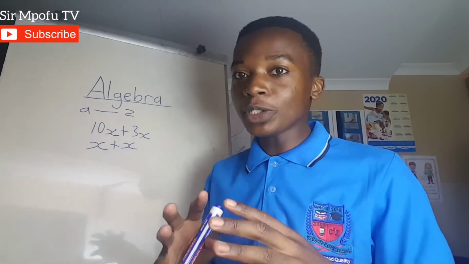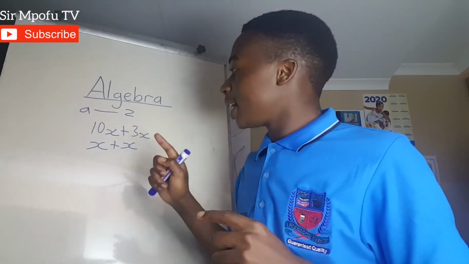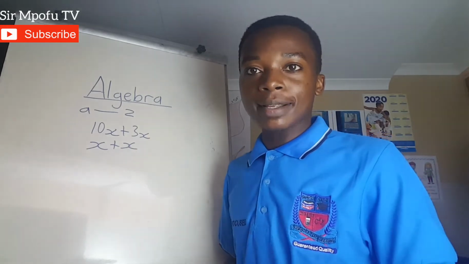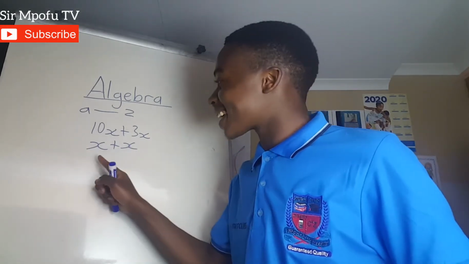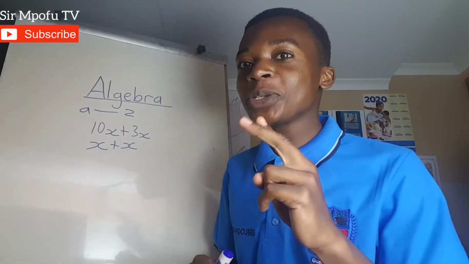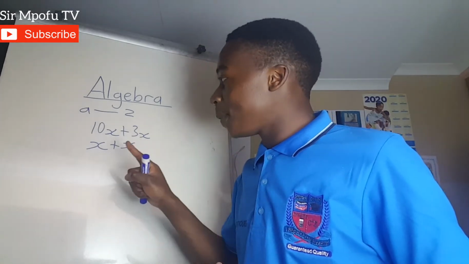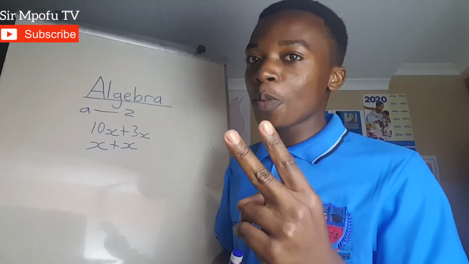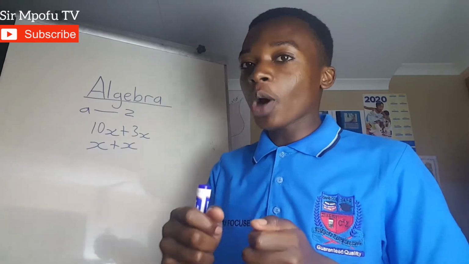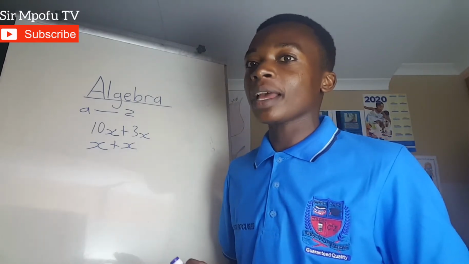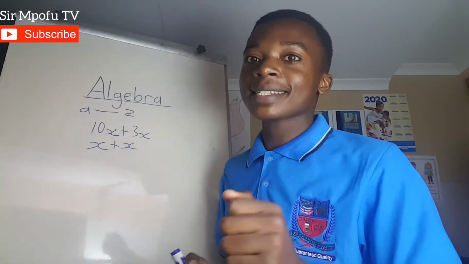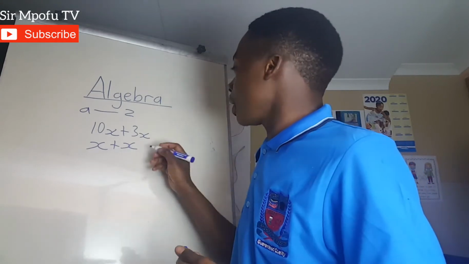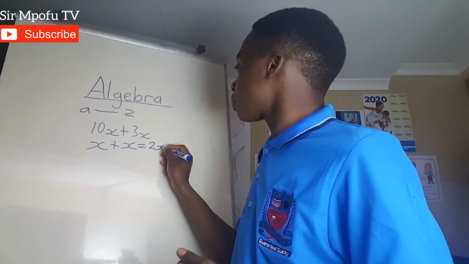X plus x, I want you to take it in this way. Dollar plus dollar, what is the answer? $2. Rand plus rand, what is the answer? 2 rand. Bond plus bond, what is the answer? 2 bond. I'm going to explain to you where we are getting those numbers and what's happening. So watch this video until the end again so that you completely understand it. So here our answer is going to be 2x.